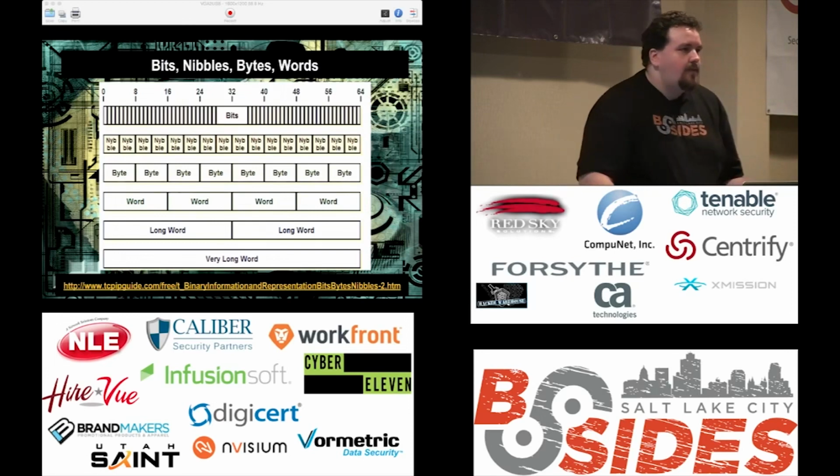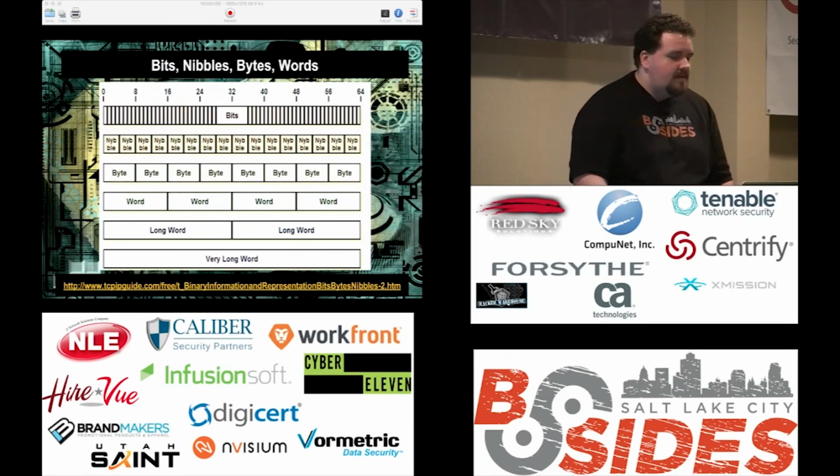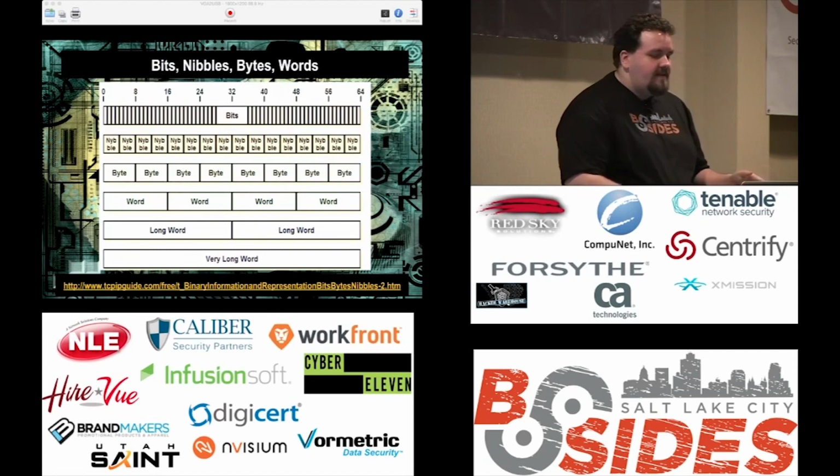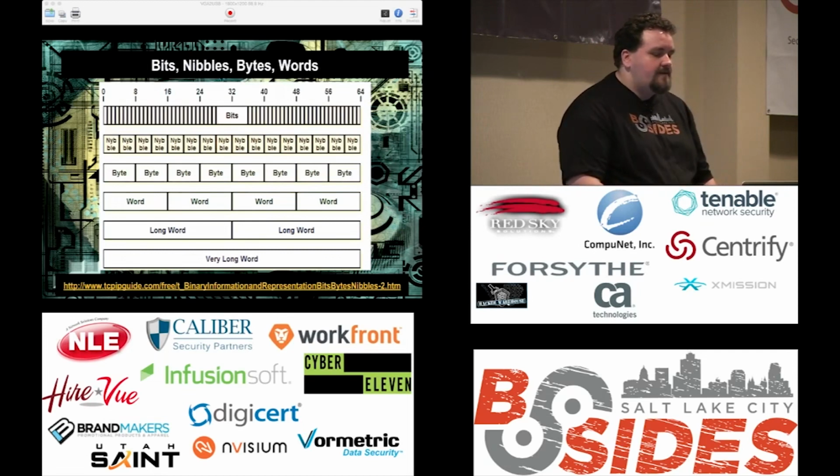One nibble is 4 bits, but they don't talk about nibbles very much, but you do work with nibbles a lot. So another thing is, you can have word, and you'll see double word, so that's just saying that a word is 2 bytes, and then a double word would be 4 bytes.